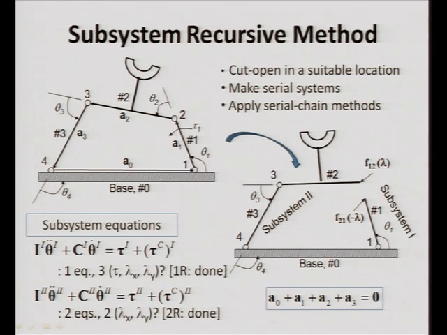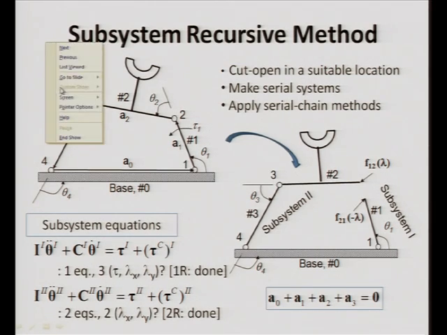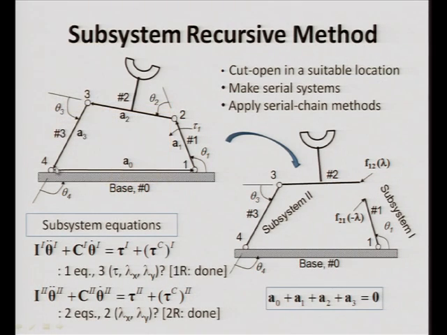Okay. What it is? Instead of opening at the fourth joint, in the 3 link case I have opened it here, but I say no, do not open it there, you open it here at 2. You may ask another question a little later, why not 3, that I will answer later, but for the time being let us say I cut it at 2.